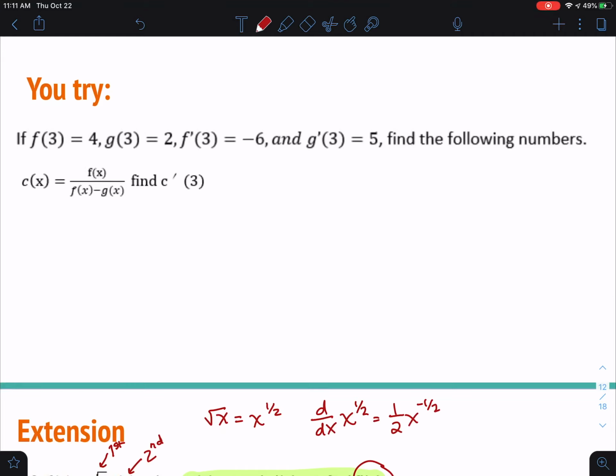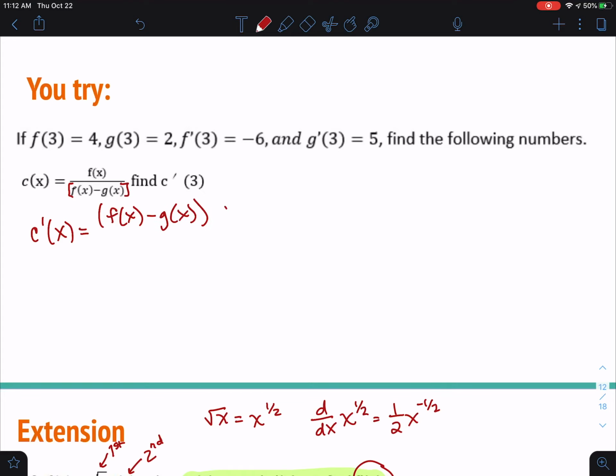All right, moving on up. We've got one that is a little bit more tricky here, but we're still going to use our same derivative rule. So I have a quotient here. Even though I have a difference at the bottom, that's okay. The low is still going to be f of x minus g of x, the whole thing.